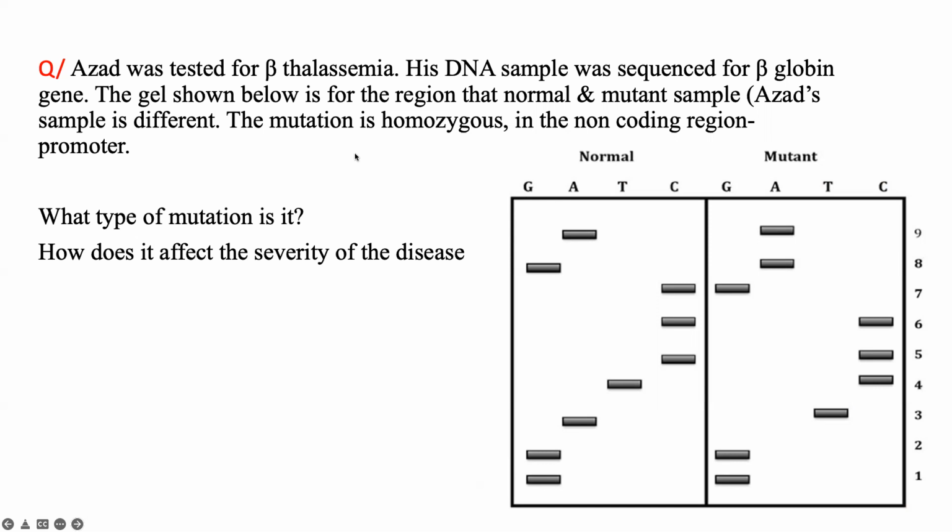It tells us it is homozygous, and that the mutation is in the non-coding region, and it says promoter. Accordingly, what type of mutation is that, and what does it affect? How does this affect the severity of the disease, thalassemia?